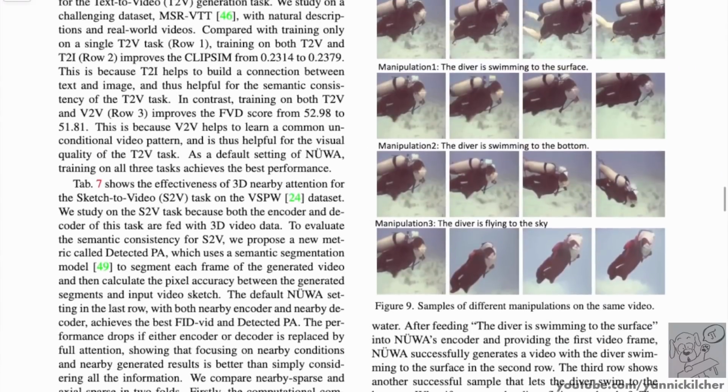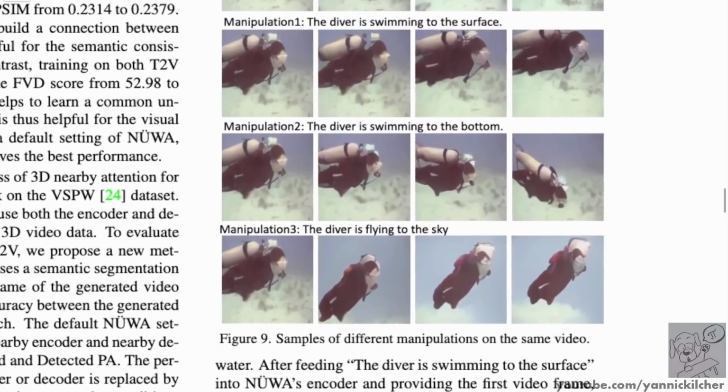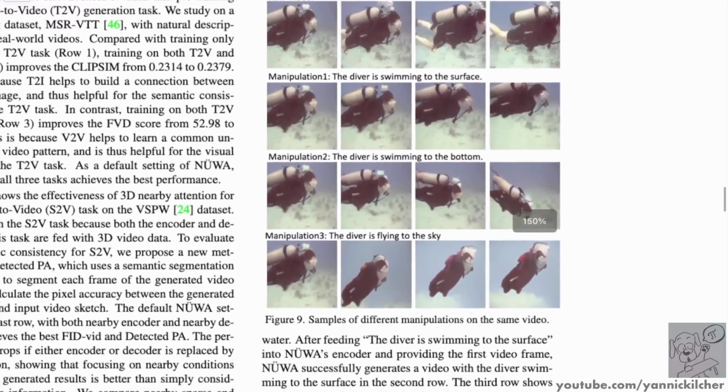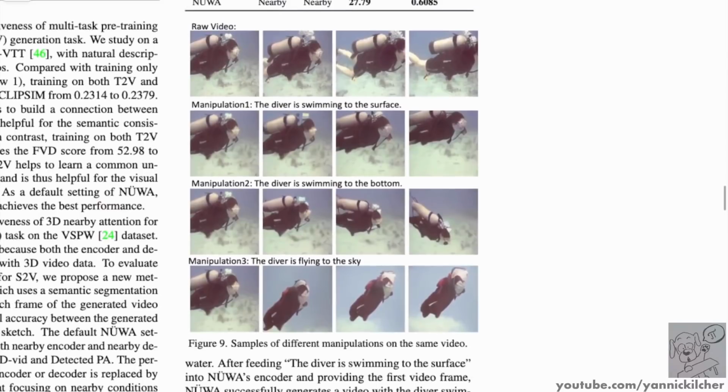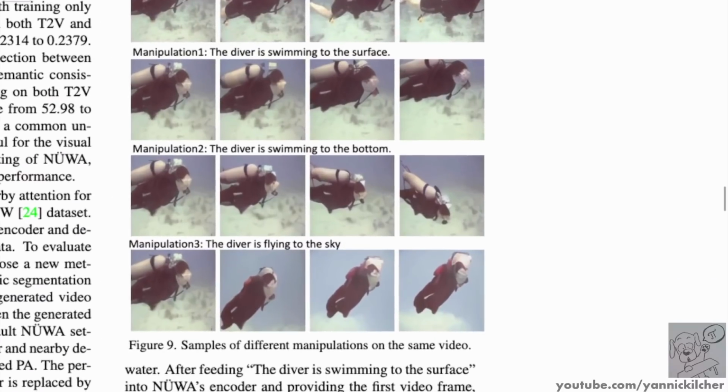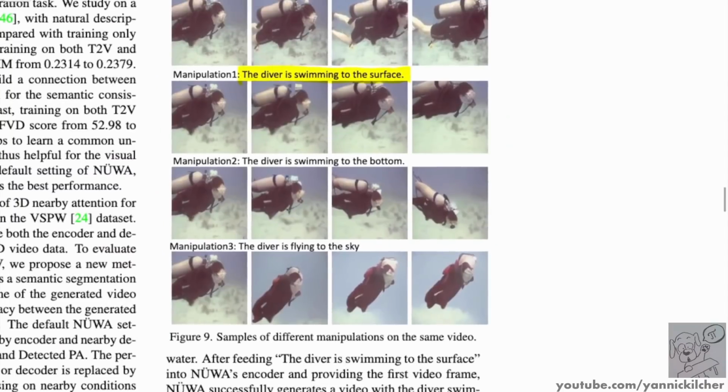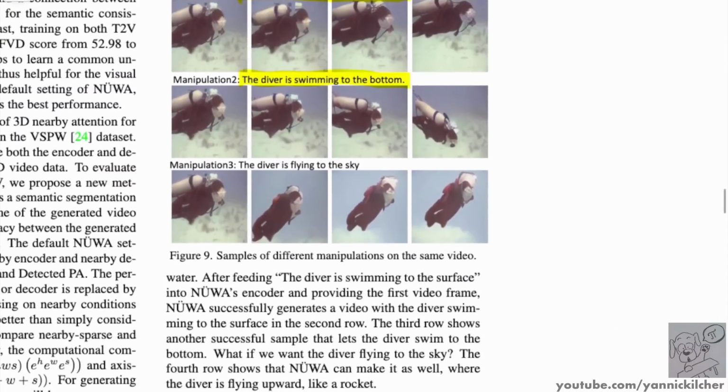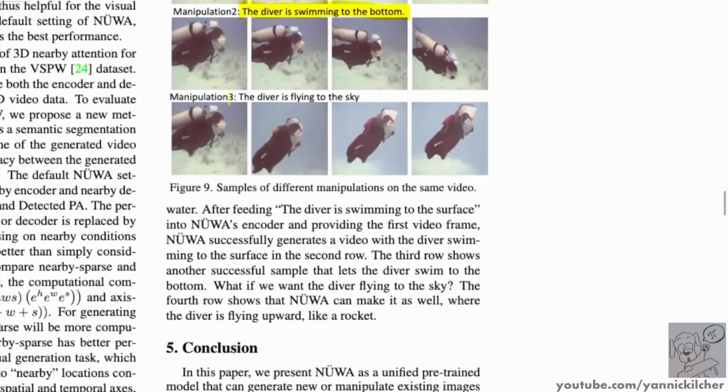Yeah, lastly, this video manipulation, which was one of the sort of appraisals of this paper. You can see the raw video on top. The first row is the diver is swimming to the surface. That's given to the model, so the model is asked to manipulate the video in that way. Diver is swimming to the bottom, or the diver is flying to the sky, which surprisingly the model can do as well.